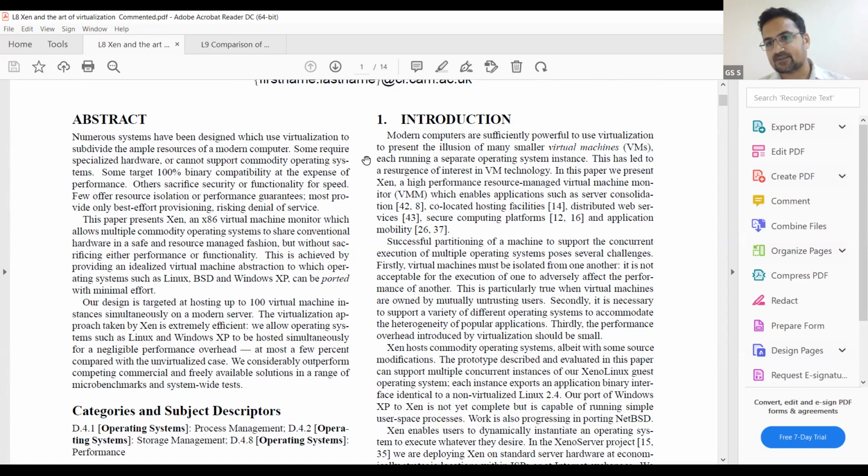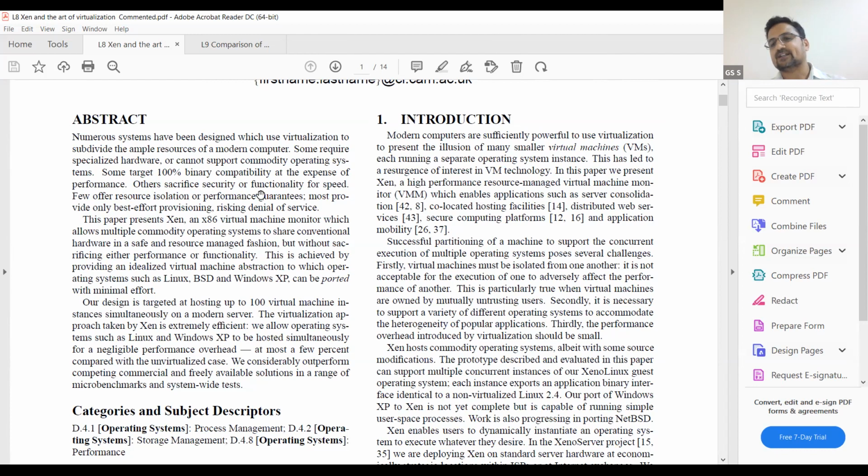Right? This line is important. Some require specialized hardware. Full virtualization wanted specialized hardware that we get in Intel VT and AMD-V. But in this paper, they are saying that some target 100% binary compatibility at the expense of performance. Others sacrifice security or functionality for speed.